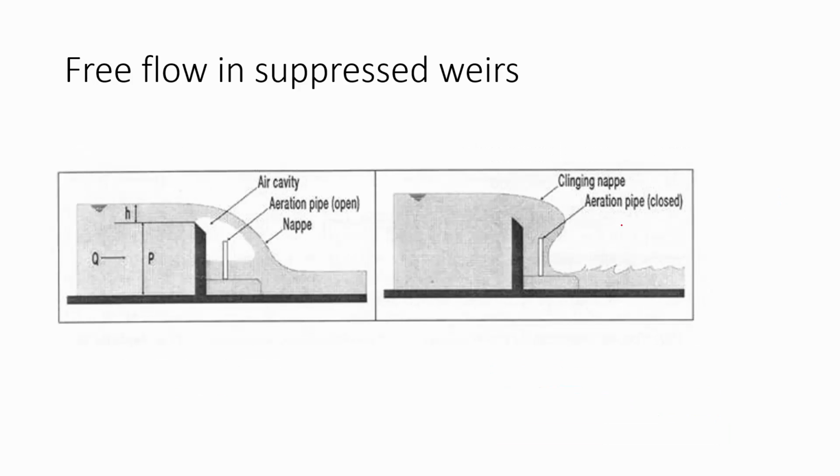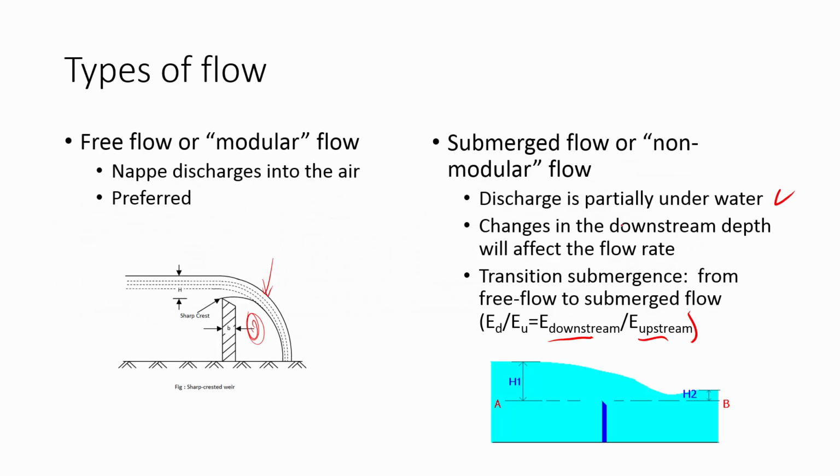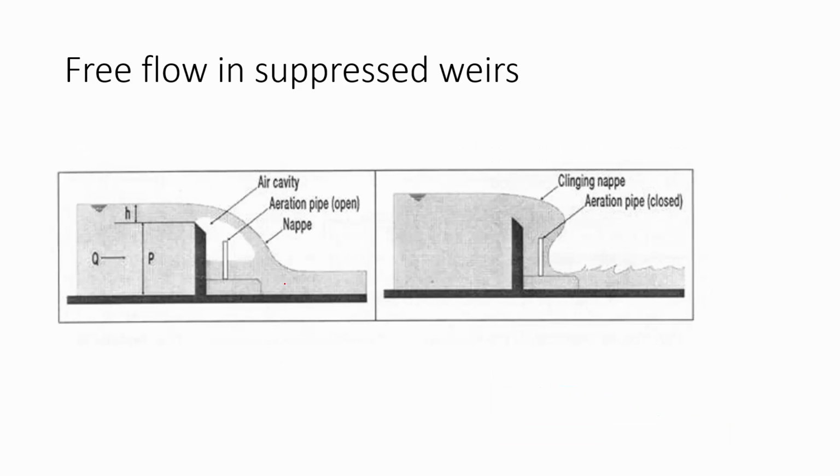Remember, I told you that it is important to have this free flow or modular flow going over the crest. What happens is that if you don't have this open to the atmosphere, it'll create a vacuum, and so the pressure will change and the energy will change.